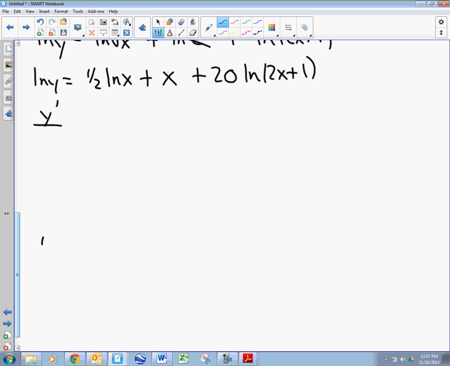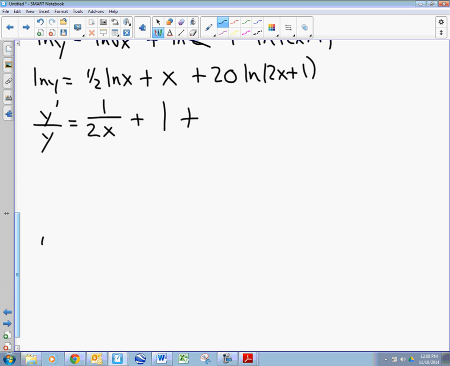So we have y prime over y is equal to, what is the derivative of 1/2 natural log of x? 1 over 2x. What is the derivative of x? 1. See, isn't this much simpler to take the derivative of?